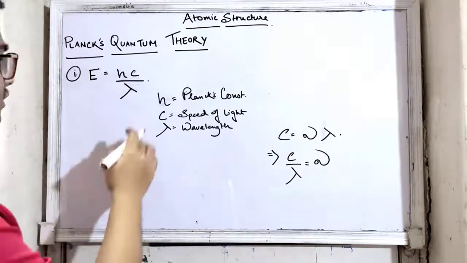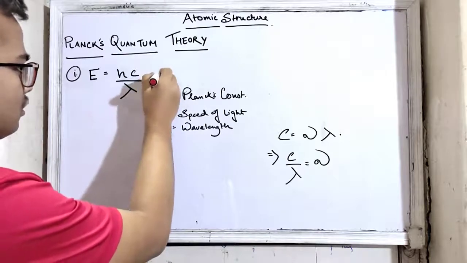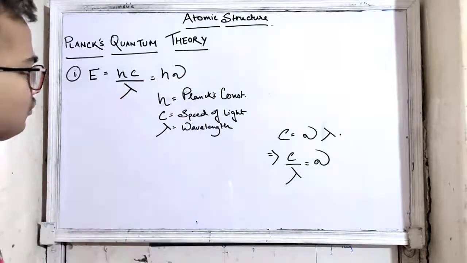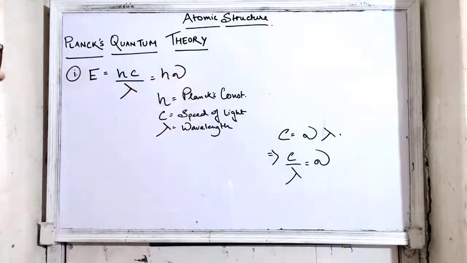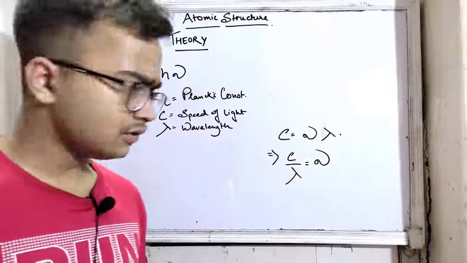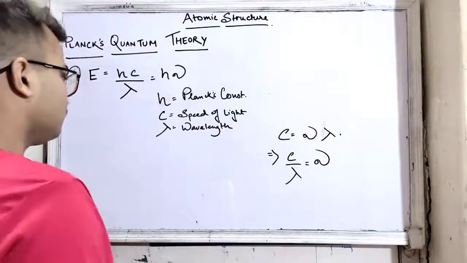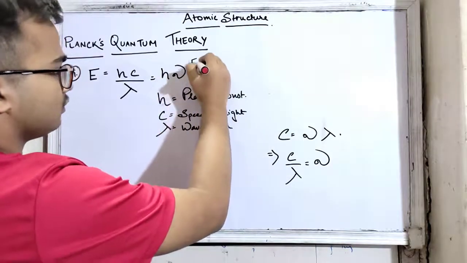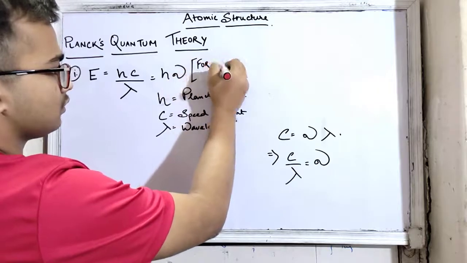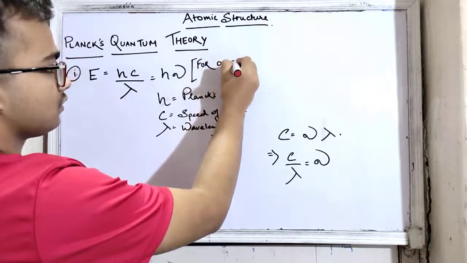So we can write E equal to hc by lambda equal to h nu. c by lambda is replaced by nu. Now this is for one quanta.